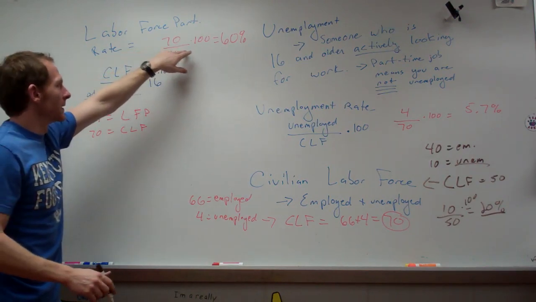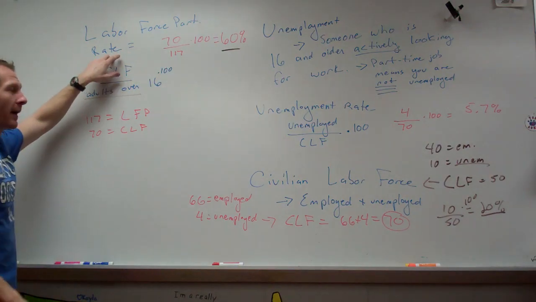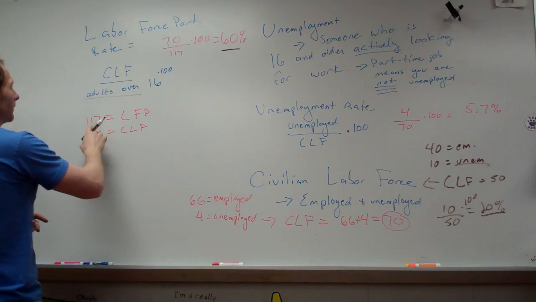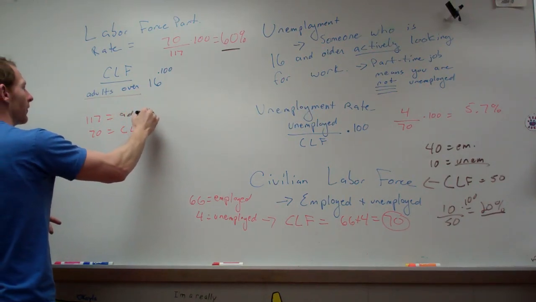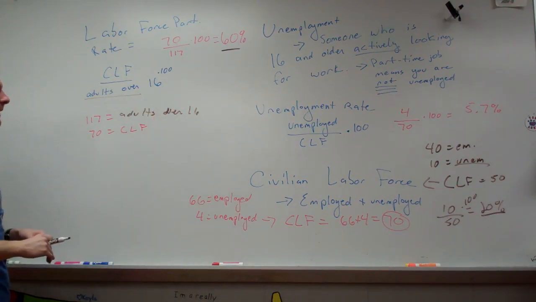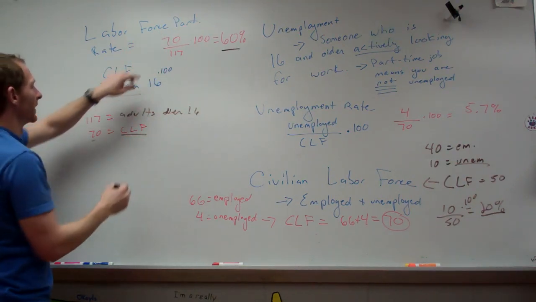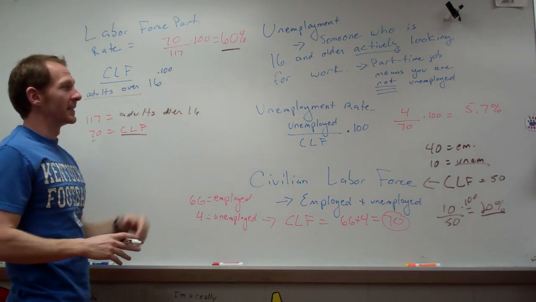So 70 over 117, times 100 to move the decimal place over, and you get 60%. So our labor force participation rate would be 60%.